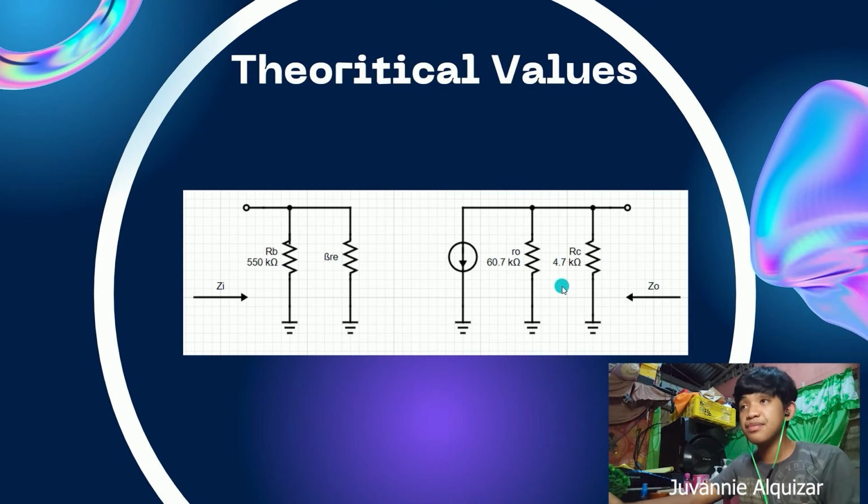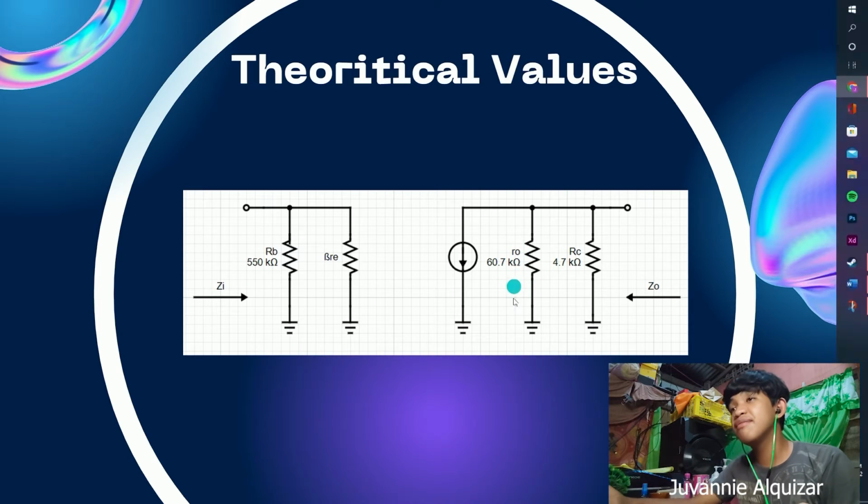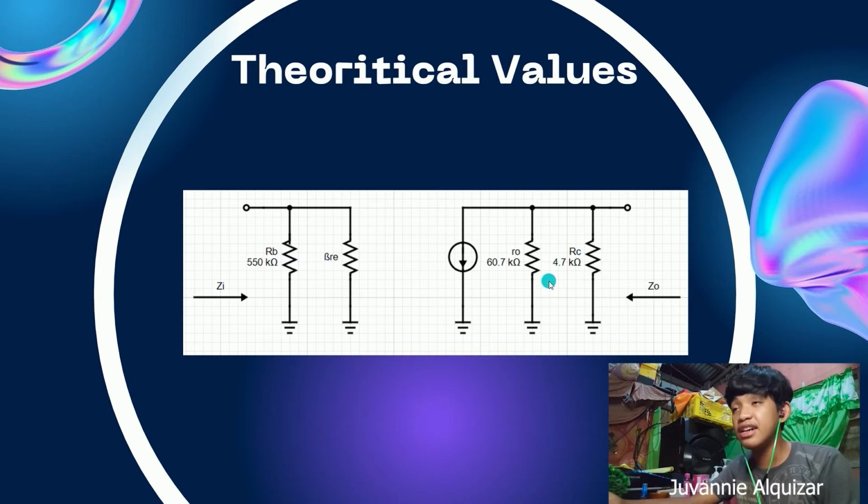So take note that if we have an infinite value of RO right here, then our output impedance should be approximately equal to the value of our RC. However, in this case, we have a value of our RO, then we just have to find the equivalent parallel resistance of these two components.